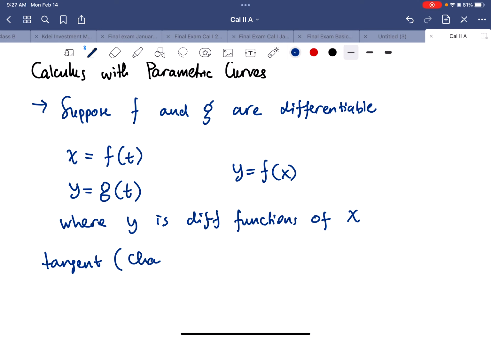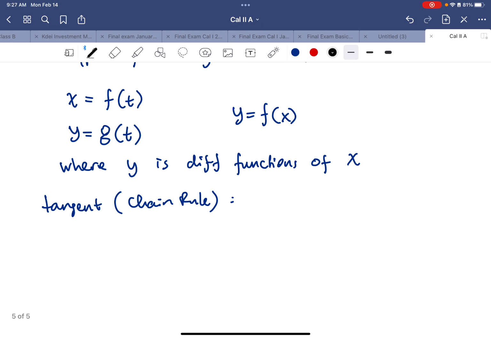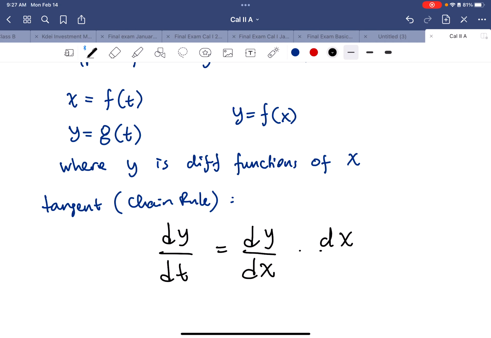based on the chain rule, dy over dt is dy over dx times dx over dt. Based on the chain rule, we can have this set up, right?